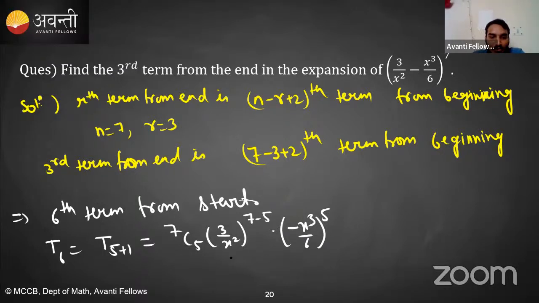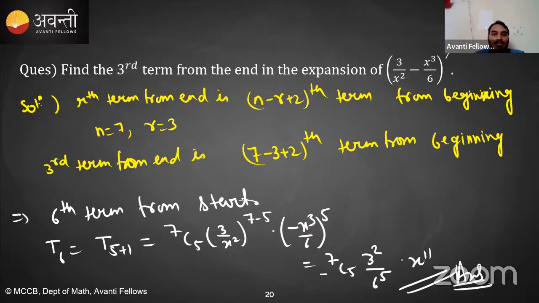If you want, you can simplify it further. It can be written as 7C5 times 3^2 divided by 6^5, with the minus coming out, times x^15 divided by x^4, so x^11. So this is the third term from the end. Is that clear?